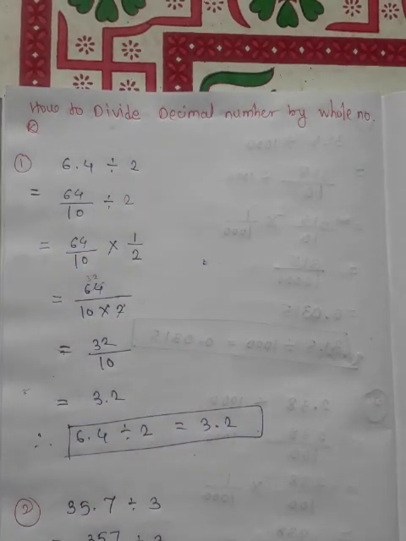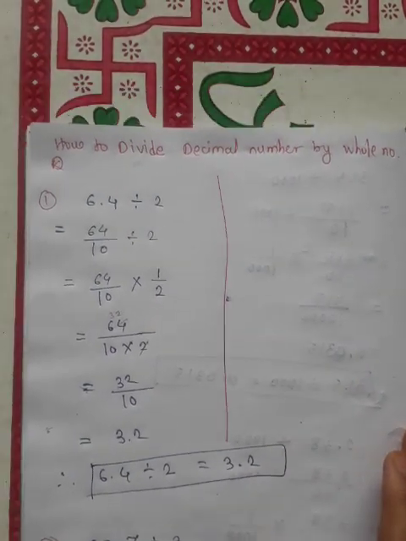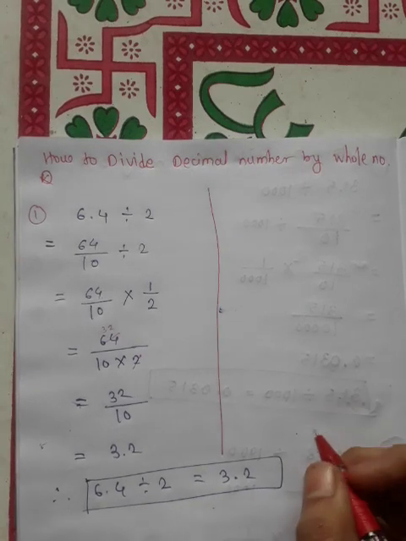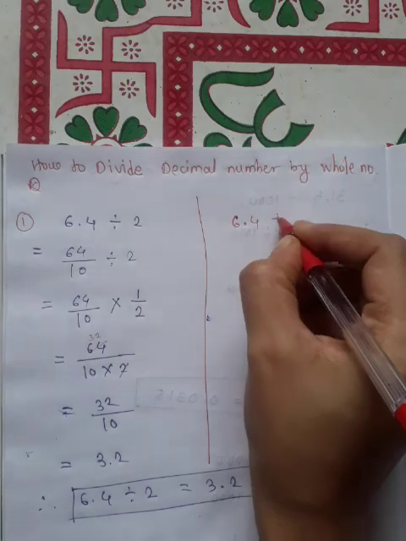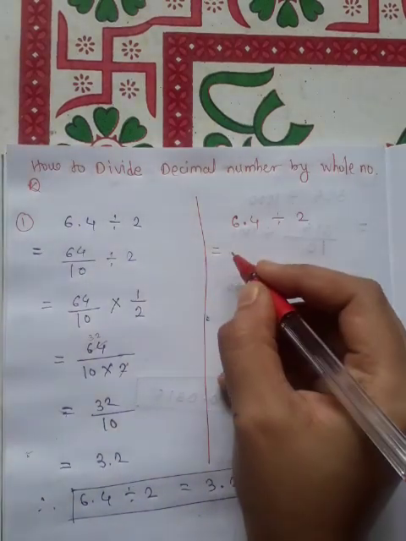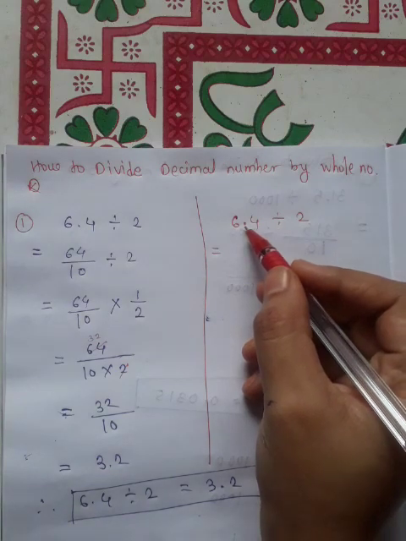There is one more method I will explain here. So what is the other method? Whenever we divide any decimal number by a whole number, first remove the decimal point.